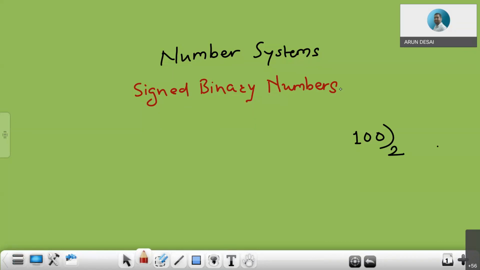How actually are decimal numbers represented if those numbers are signed? Put it in chat.